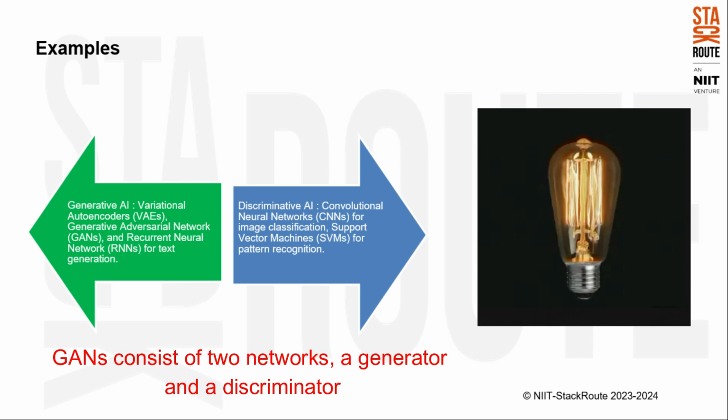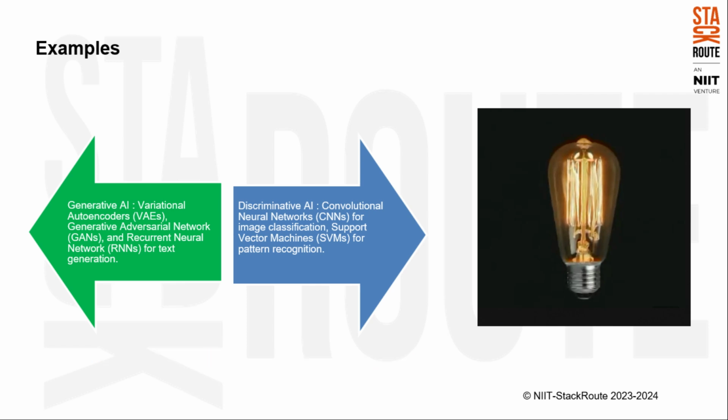GANs consist of two networks, a generator and a discriminator, that are trained in an adversarial setting. The generator network generates synthetic data instances from random noise as input, while the discriminator network aims to distinguish between real and generated data. 3. Recurrent neural networks, RNNs, for text generation.